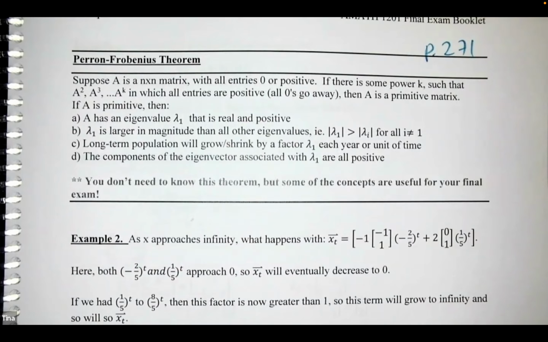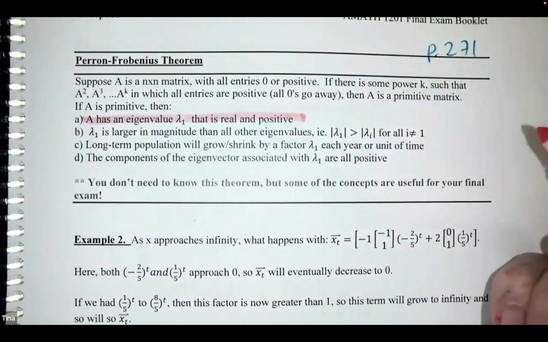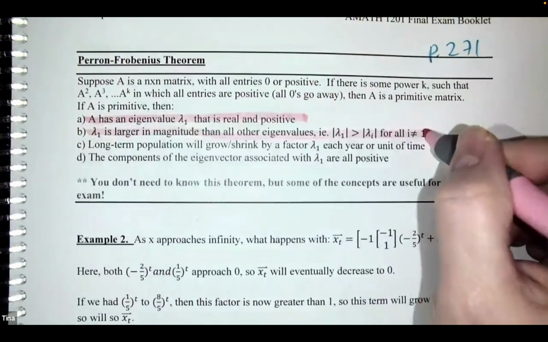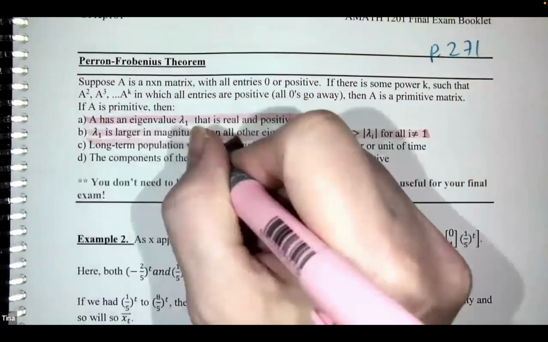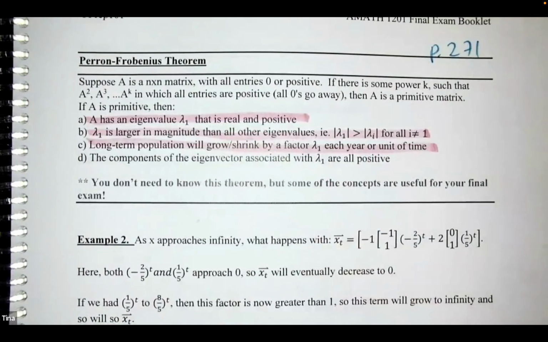And what we know is that if that's the case, then A has an eigenvalue, lambda 1, that is real and positive. And this is the part that we want to focus on: lambda 1 is larger in magnitude than all the other eigenvalues. Then the long-term population will grow or shrink by a factor of lambda 1. So we'll talk about the dominant eigenvalue, or the eigenvector that goes with the dominant eigenvalue.